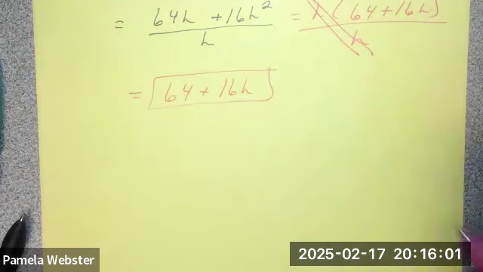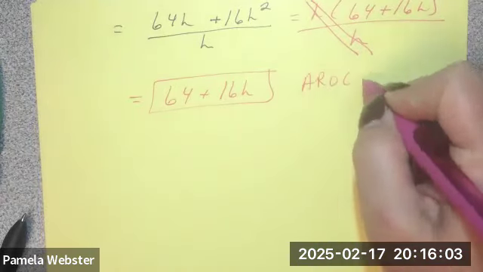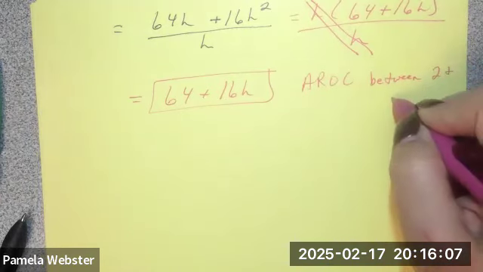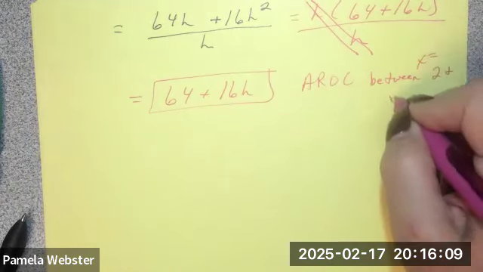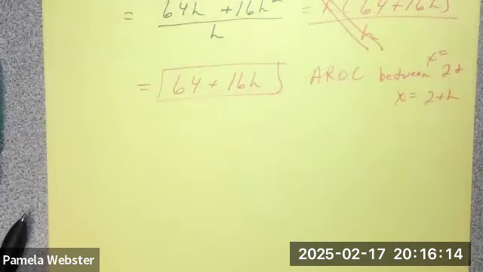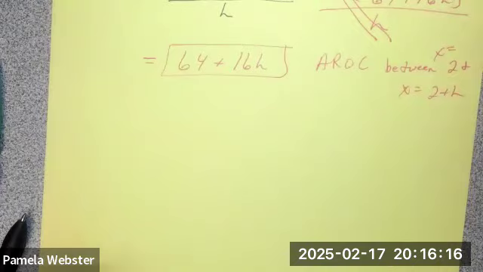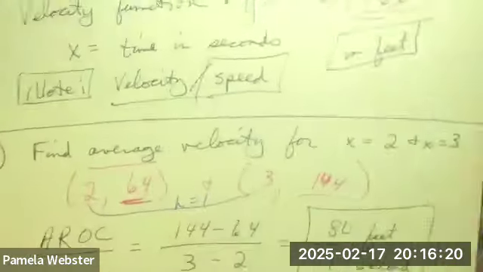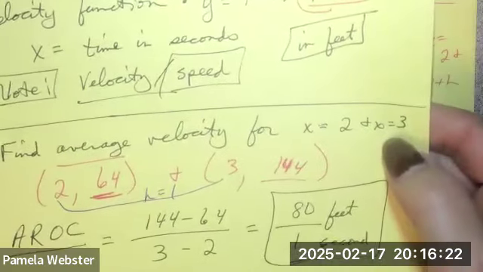So remember, this is the average rate of change between x equals 2 and x equals 2 plus h. Okay. So what the heck does that mean? What if I wanted 5 seconds? The one we did earlier was for between 2 and 3 seconds, right?